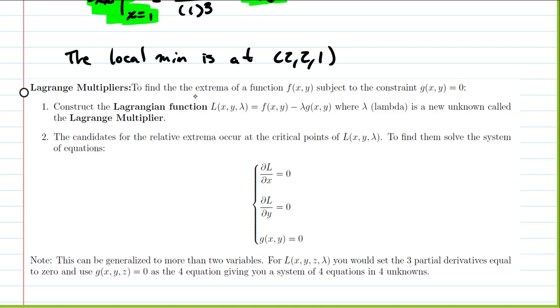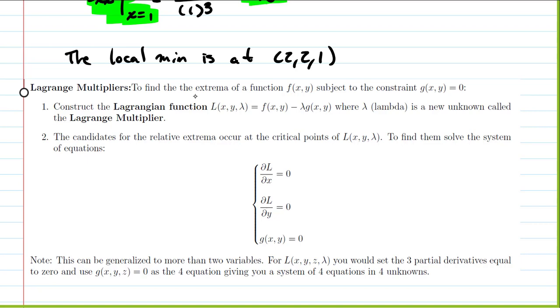If you're curious, that symbol lambda is a Greek letter, and stands for Lagrange multiplier. The candidates for relative extrema occur at the critical points of the Lagrangian. That is, we take our partial derivatives and we solve the system of equations in x, y, and lambda.